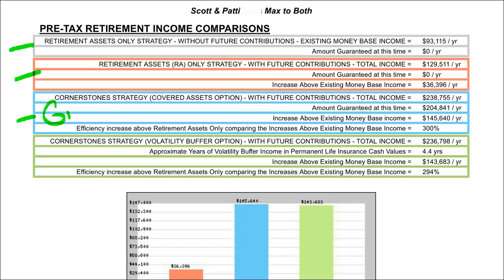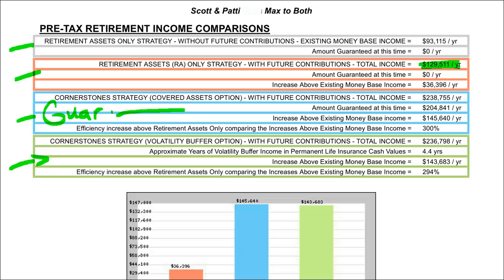This is our guaranteed option, and this is our market option. So we've got our 129 from our Wall Street choice that if we don't use the life insurance at all, so we get into retirement and we have no life insurance to balance your decision for how you draw income, you are subject to the Wall Street Monte Carlo simulation, and you've got to be very careful with how you draw it out. That's why that number is so low.